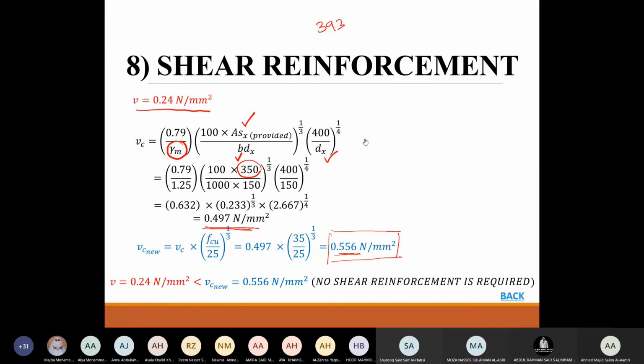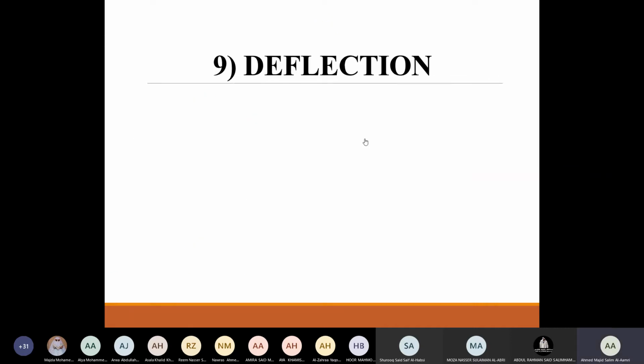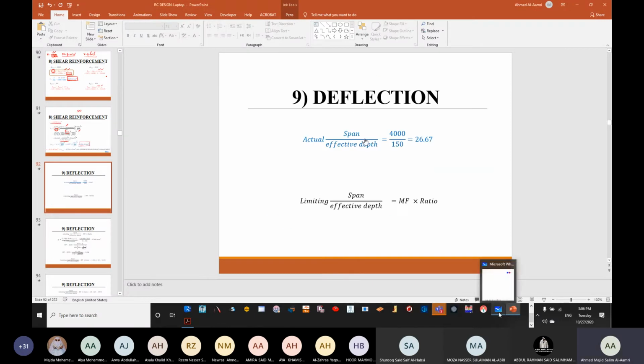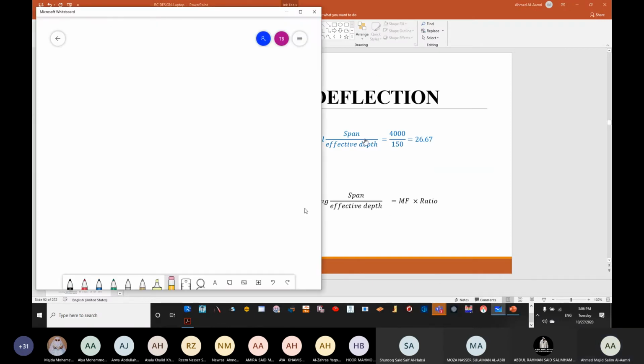Okay. Now going for the last part of the question, which is deflection. Now once again, if you see what we tried to do for bending moment, we said we are going to compare between K and K dash. One is for the load and one is for the concrete.